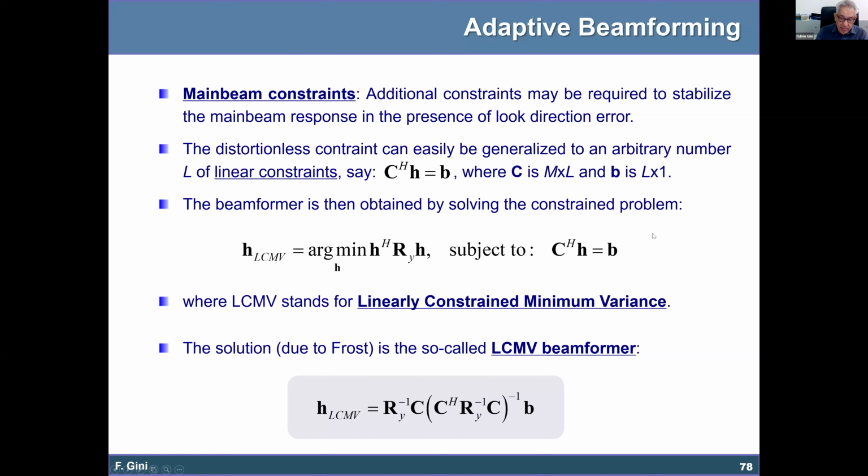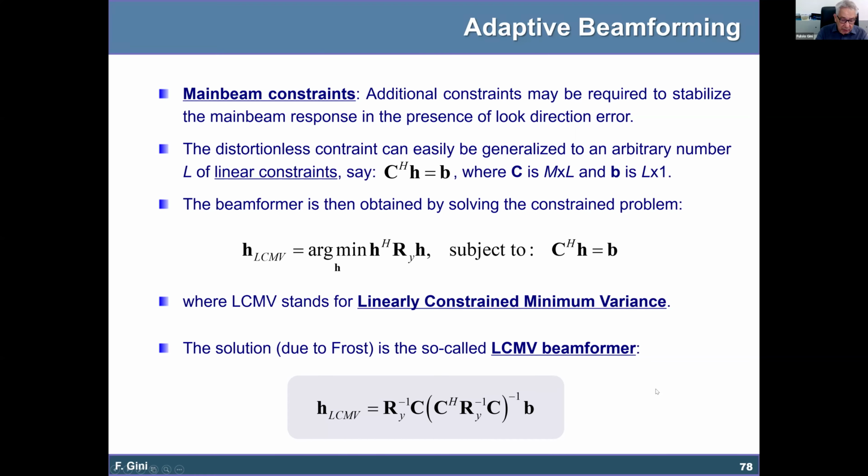So at the end, the optimization problem with constraints that we want to solve can be expressed in this way. So it's very similar to Capon, but what is different is that you don't have a single constraint, but L constraints. So C, instead of being a vector, is a matrix.